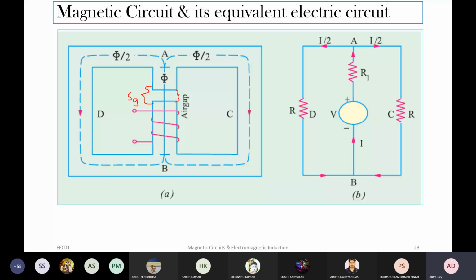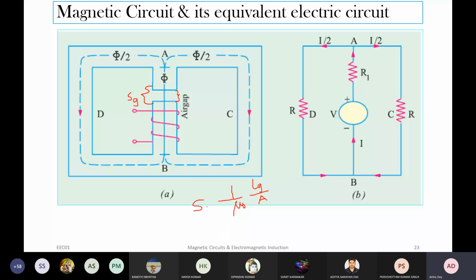And for the air gap, you have to calculate Sg separately. That is equal to the length, 0.5 centimeter, divided by the cross-section area, which remains the same, and it is only 1 by mu 0 because mu r equal to 1. So mu 0 into Lg by Ag, equal to A, so this is your Sg.